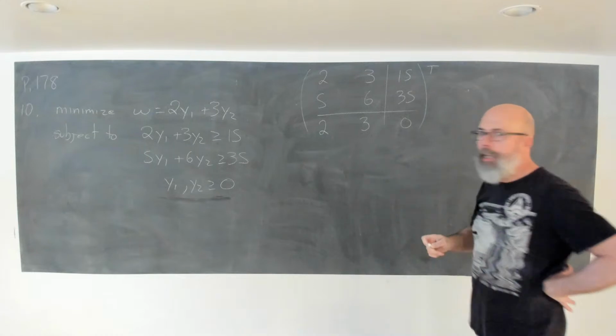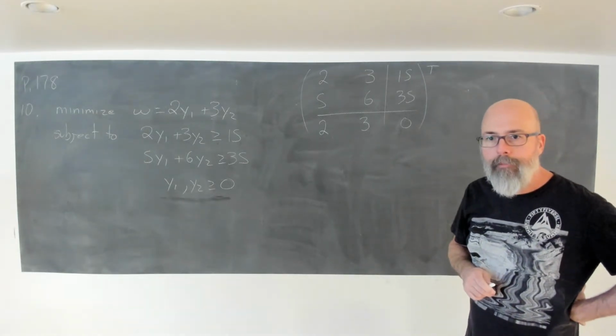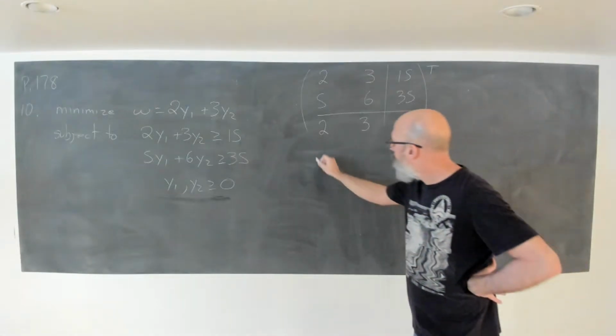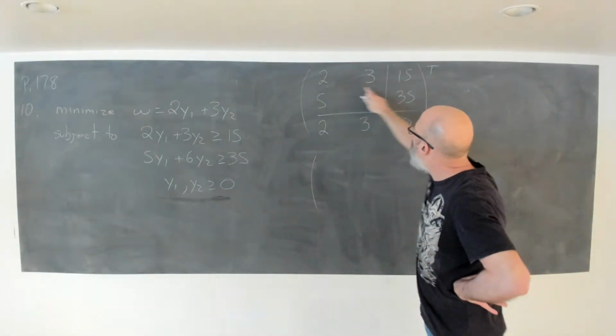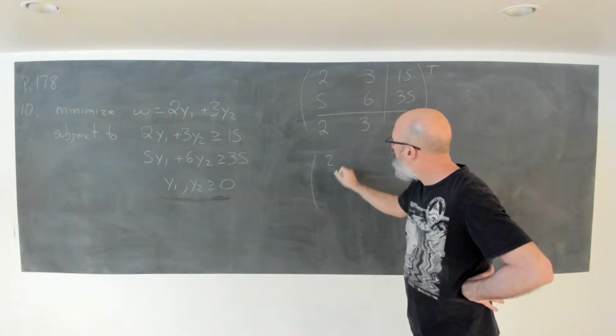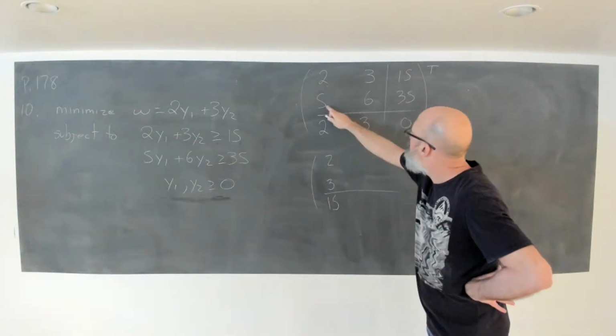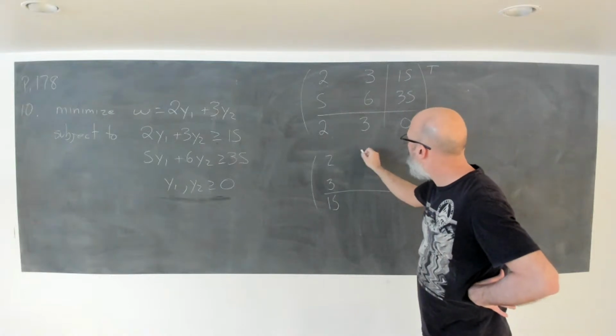by taking the transpose. If you take the transpose of this matrix, what do we get? First row becomes first column. Second row becomes second column.